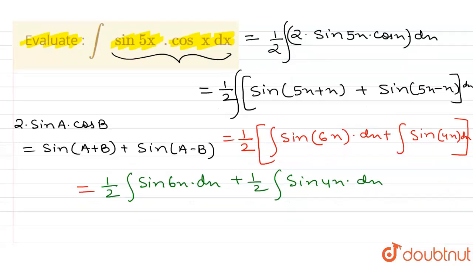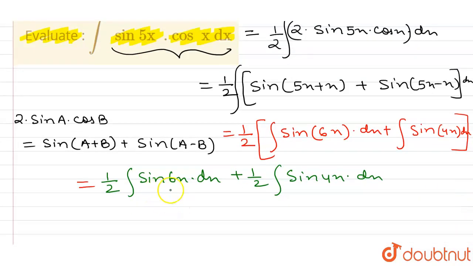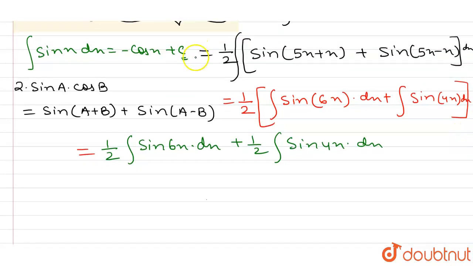That is the integration of sine 6x. We know that the integration of sine x into dx is minus cos x plus c. Because this is indefinite integration, that's why I have to add a constant, that is c.